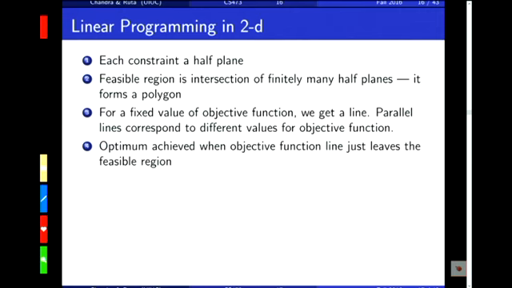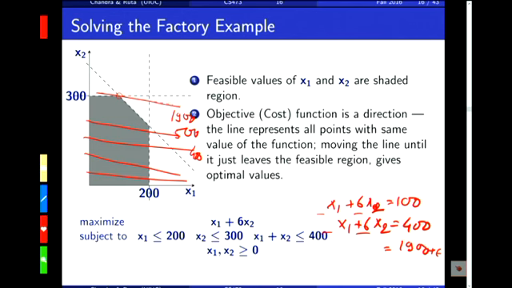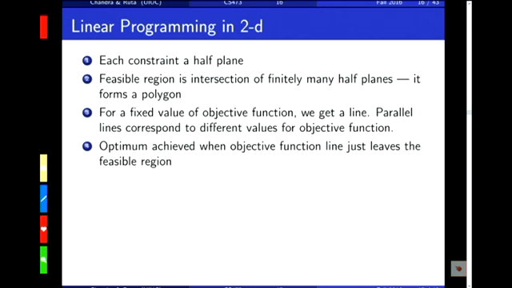The intersection of feasible regions forms a polygon, right? This is a polygon, the shaded region, right? For a fixed value of the objective function, we get a line, and parallel lines correspond to different values of the objective function. And the optimum is achieved when the line leaves the feasible region.